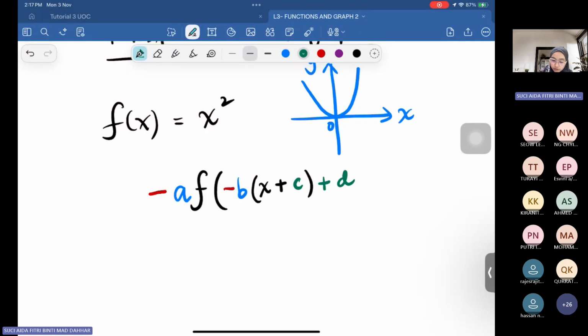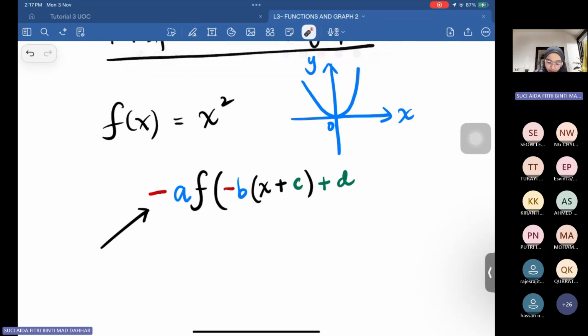So there are several transformations occurring here. Generally, when you multiply by a negative outside the function, do you remember what this negative does? Rotation?